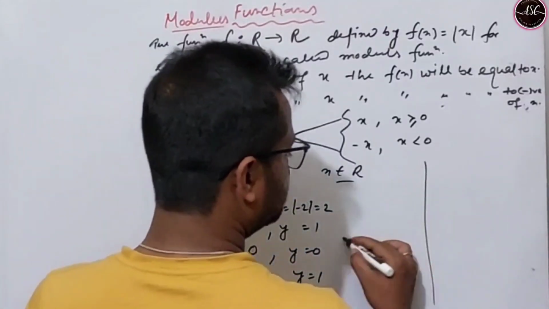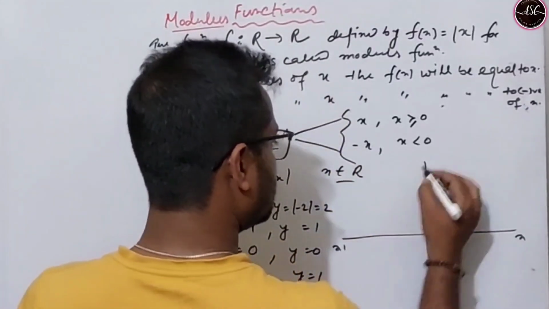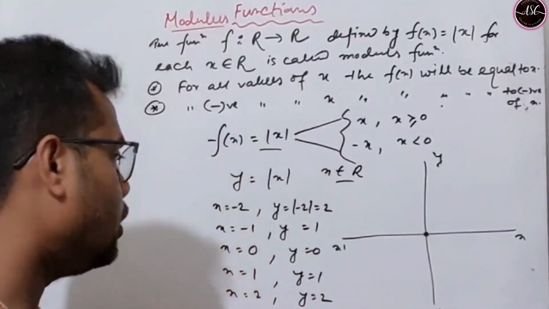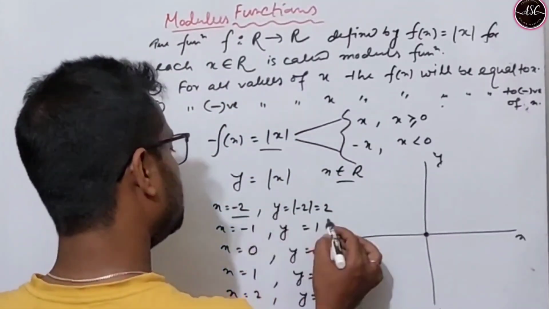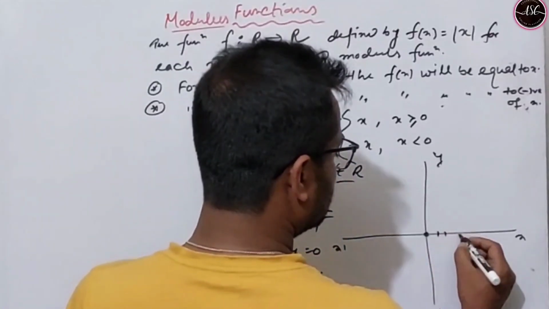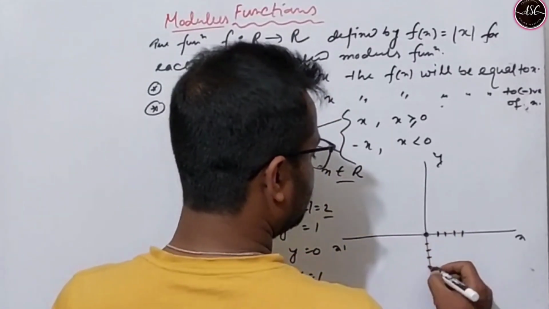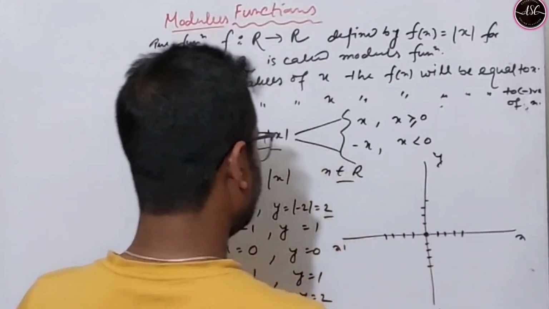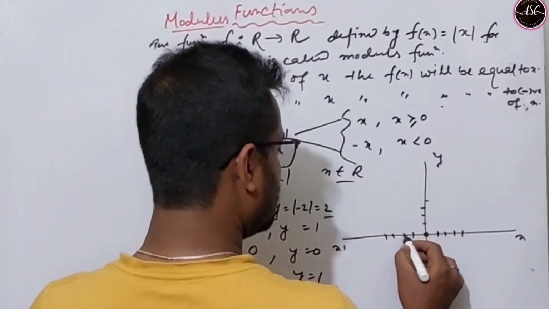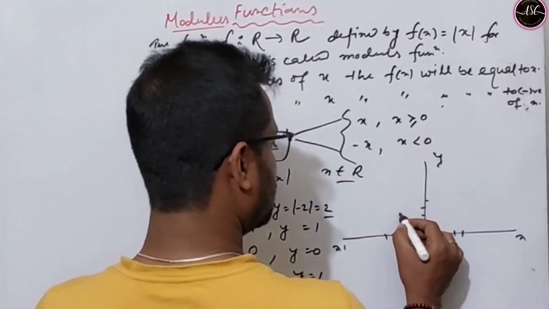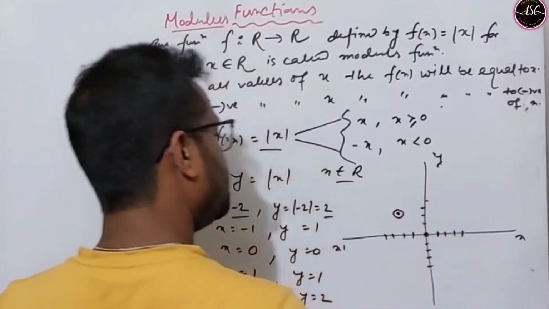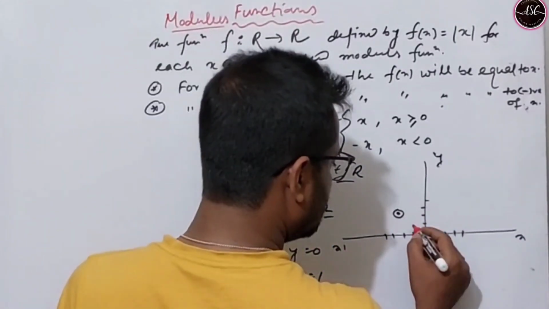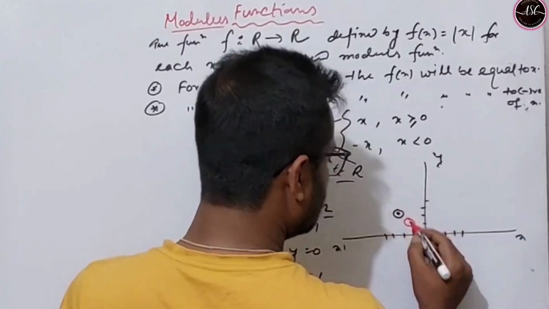If we draw a graph, x dash, y dash, then this is the origin. If we put the first value minus 2, 2, this point, then minus 1, 1, this point.